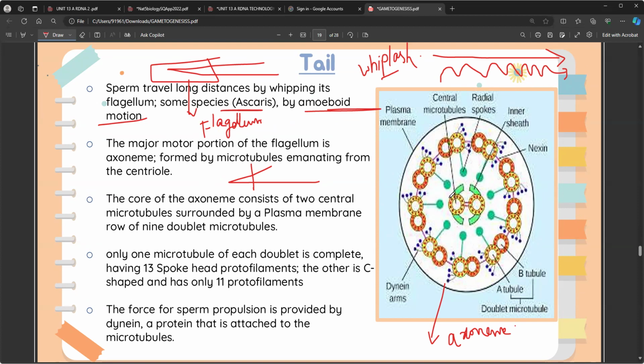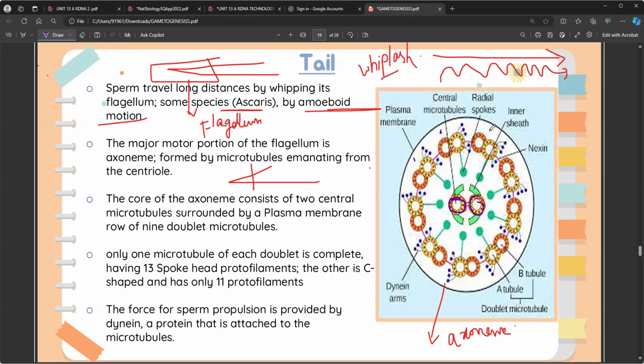The core of the axoneme consists of two central microtubules. This is called one microtubule. This is called the second microtubule. You can see which are actually present where? Which are actually present in the central portion. So the central portion of the axoneme contains the two central microtubules, which are surrounded by a group of other microtubules.